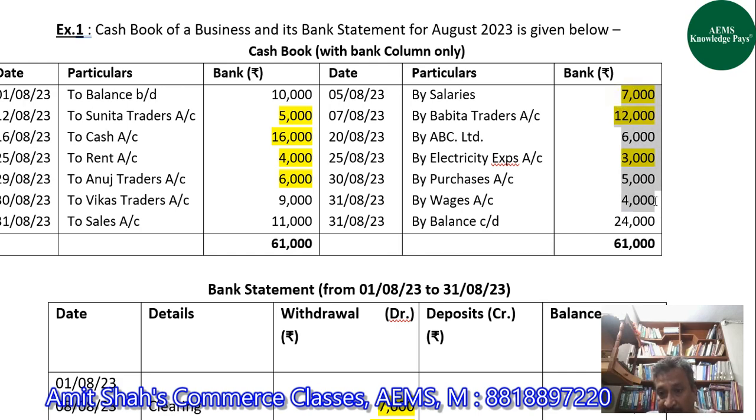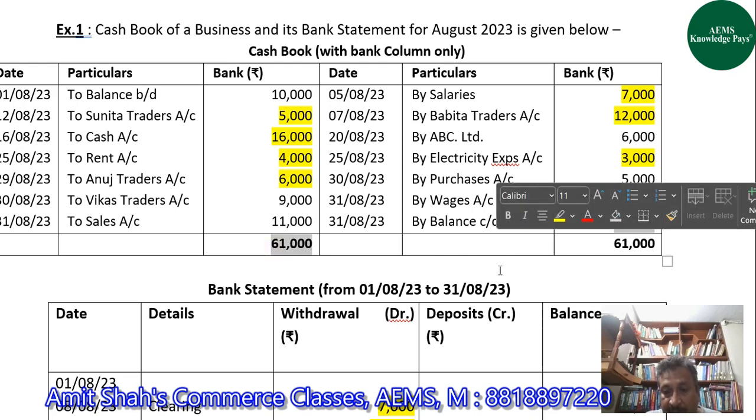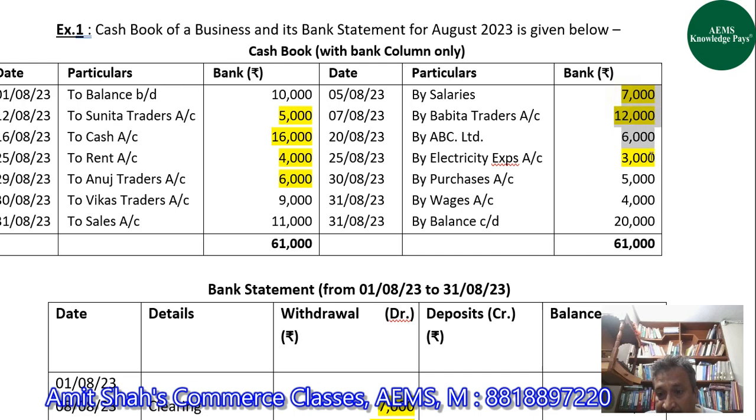The actual total is 37, but I took it as 41. And because of that, my balance here would have been how much? 61 minus 41, that is 20,000. It means due to overcast by 4,000, the balance here would be less.